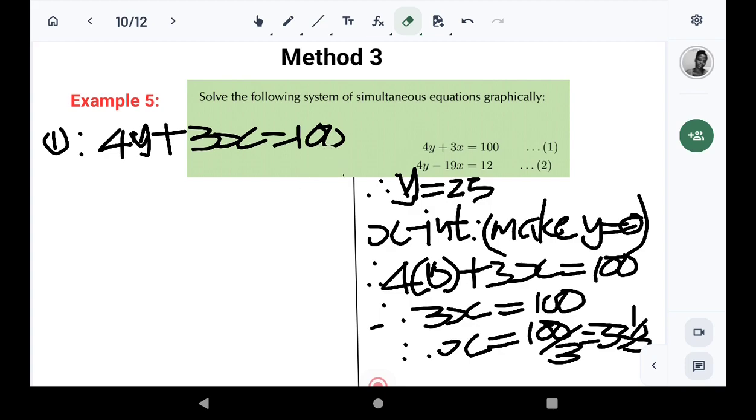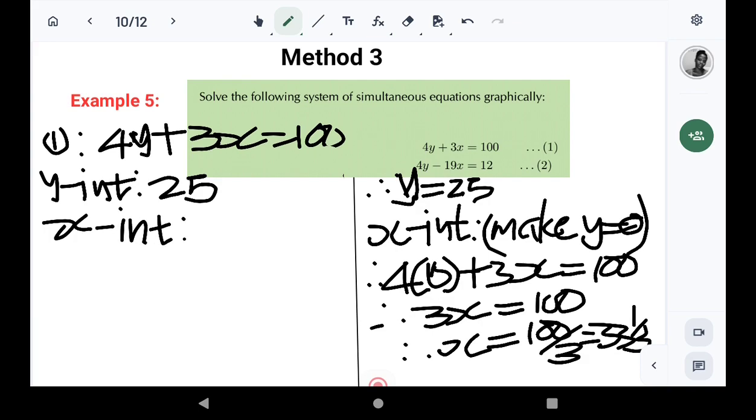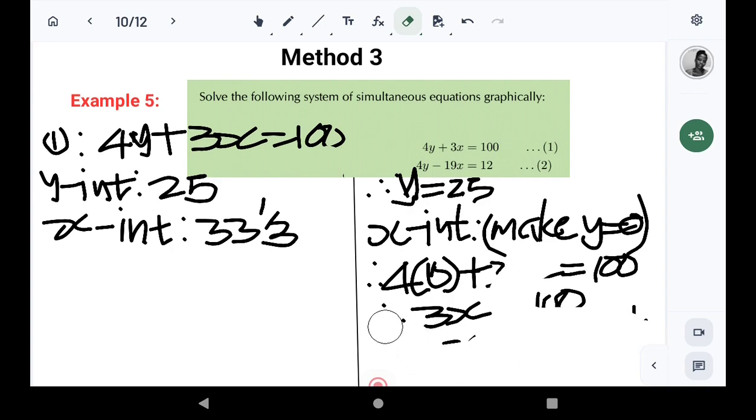Okay, for this one, y-intercept is 25, x-intercept is 33 and a third. All right, let's do the same thing for the other equation. Let's find what the intercepts are.